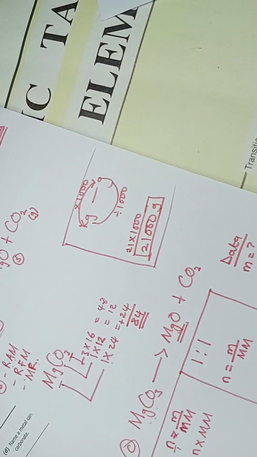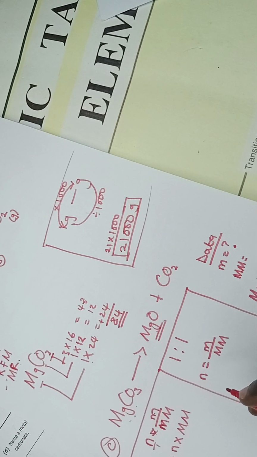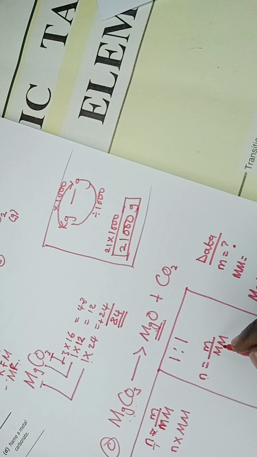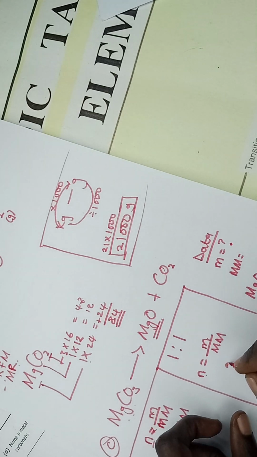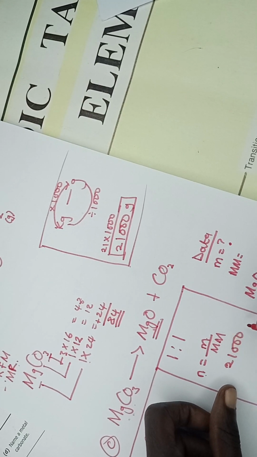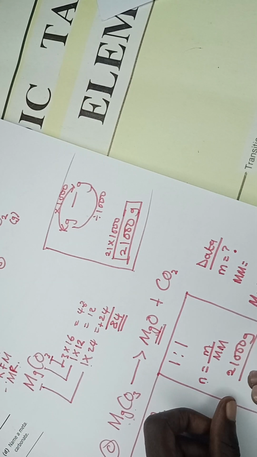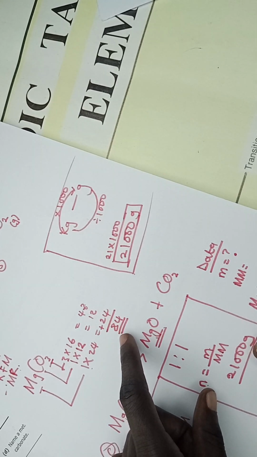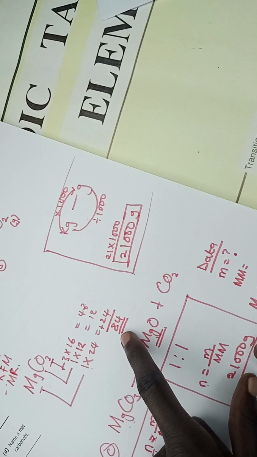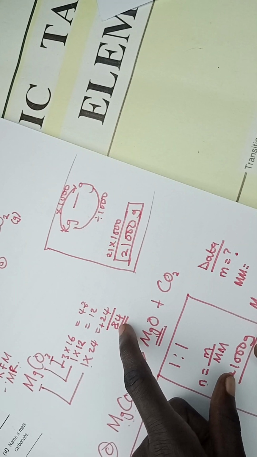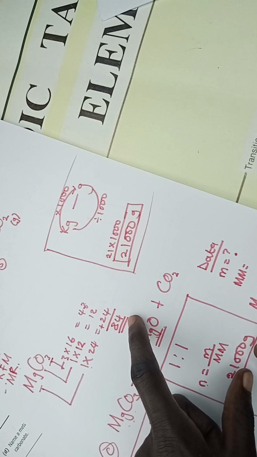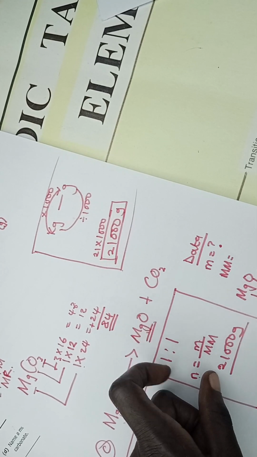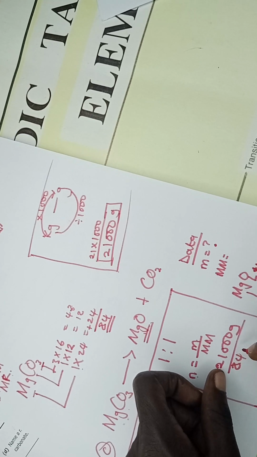So we are going to use the formula now. The formula says number of moles is equal to mass over molar mass. So the mass now is 21,000 grams divided by the molar mass. The molar mass is simply the formula mass expressed in grams per mole. We have already found the formula mass for magnesium carbonate, so we just put the units, grams per mole, and it becomes a molar mass. So we have 84 grams per mole.